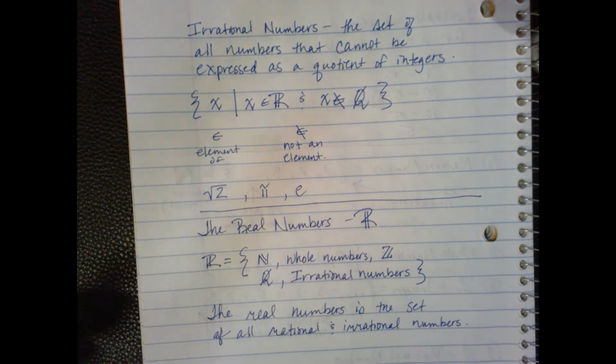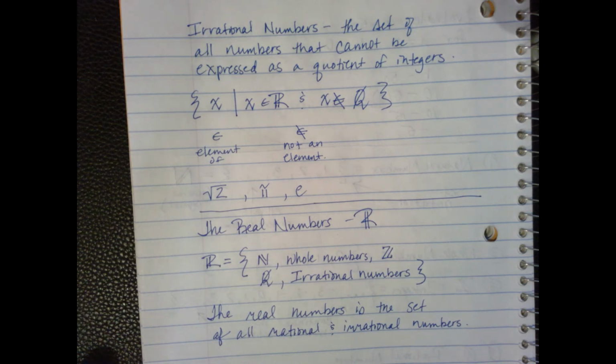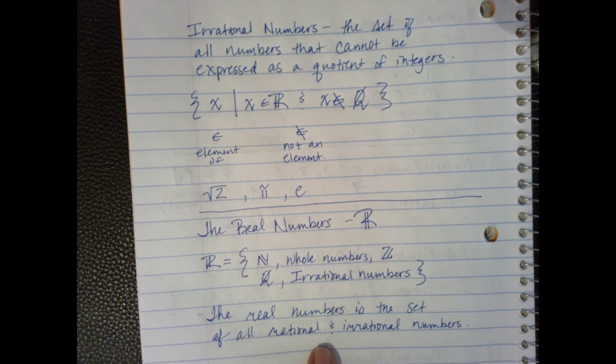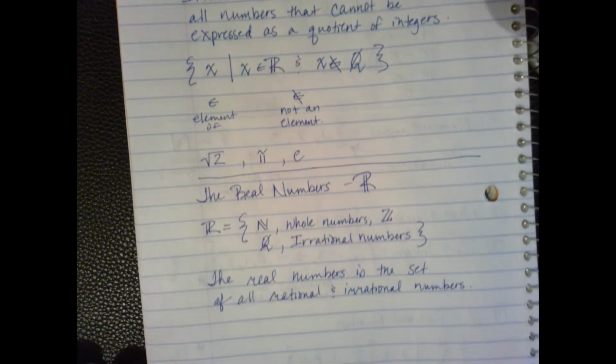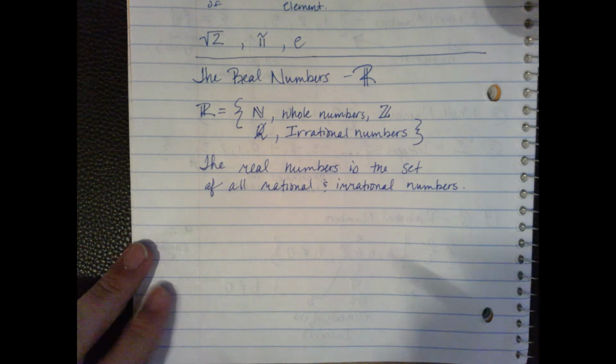So the integer -3, I can write it as a rational number knowing that I can write any number over 1. So -3 over 1 is still a rational number. It's still a real number, and I haven't changed the integer. So the real numbers is easiest thought of as the set of all rational and irrational numbers.